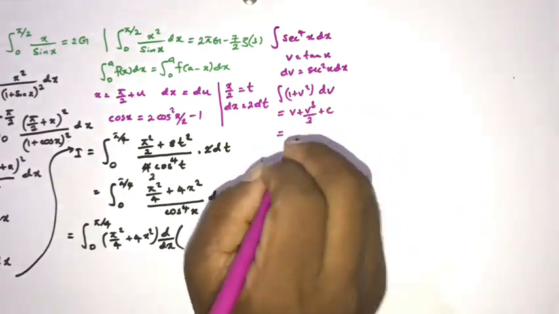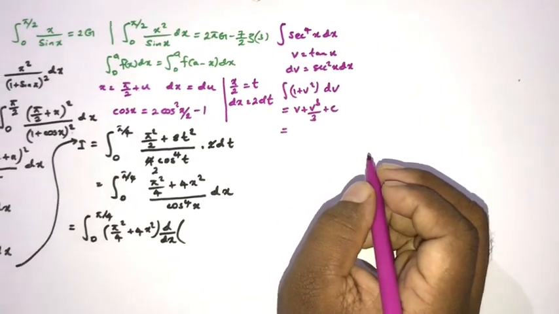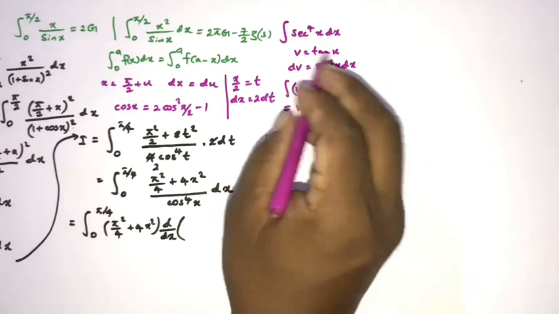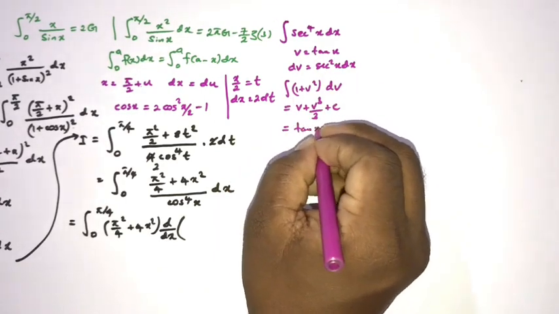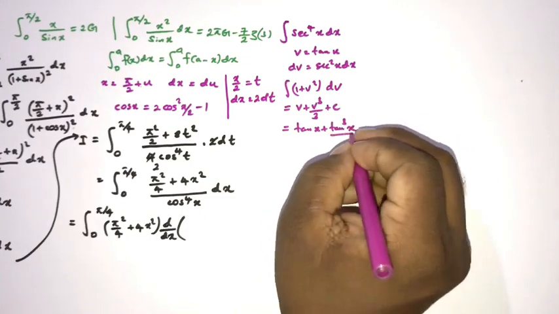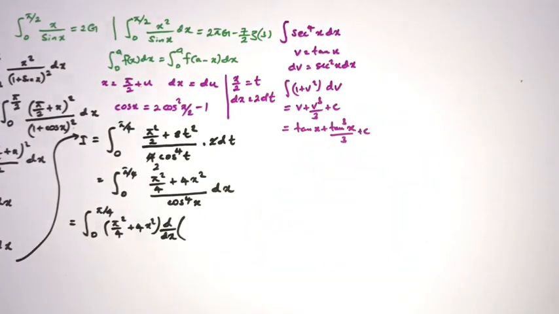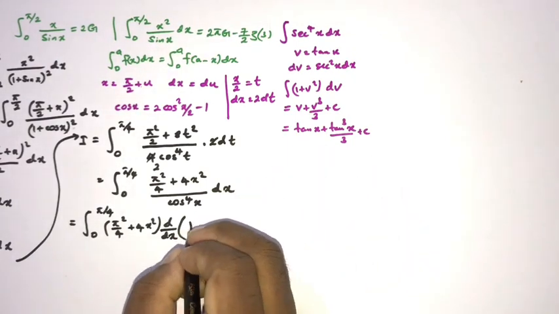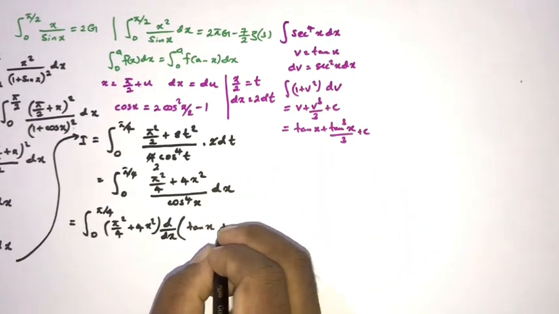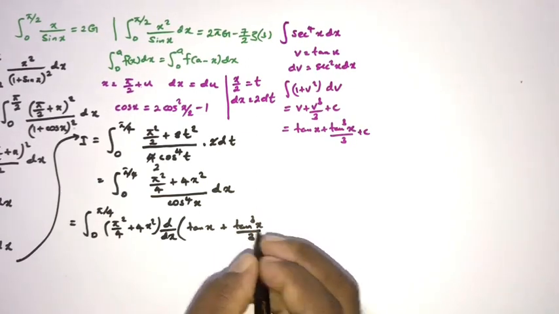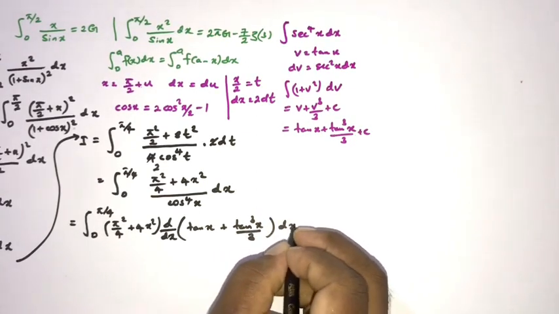Okay, then if we integrate this we have v plus v³ over 3 plus c. Now v is equal to tan x, so we have tan x plus tan³x over 3 plus c. Therefore here we have tan x plus tan³x over 3 dx.